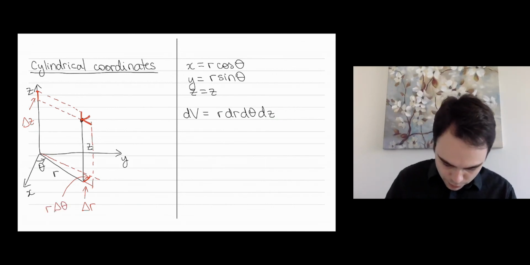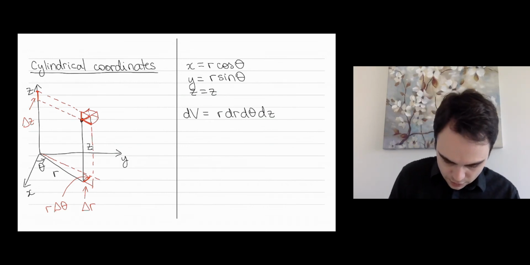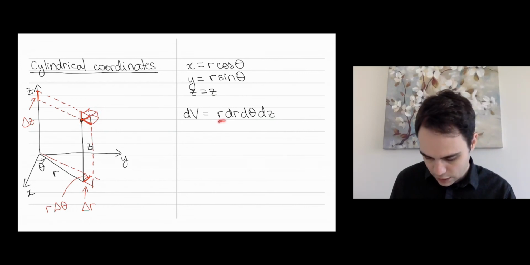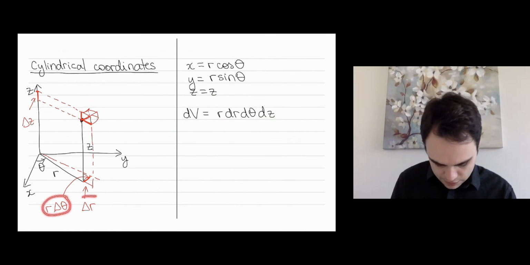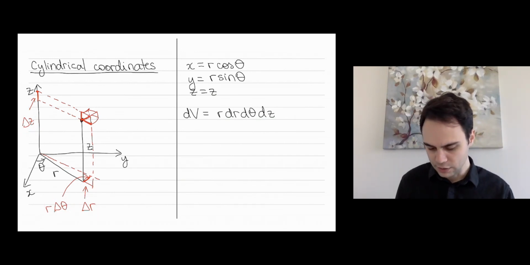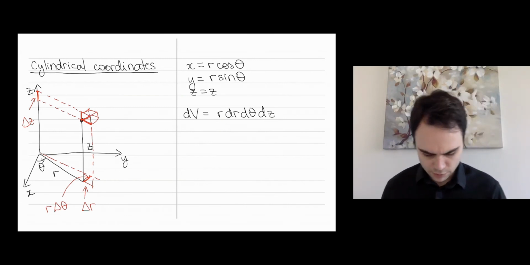Putting all this together, the volume of the box I sweep by increasing these three coordinates is approximately r delta theta times delta r times delta z. If you pass to infinitesimals, you get this formula for the volume element in three dimensions.